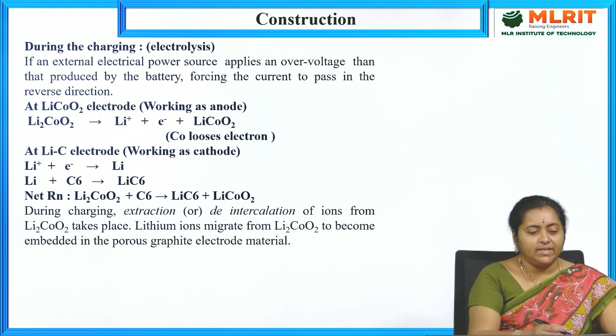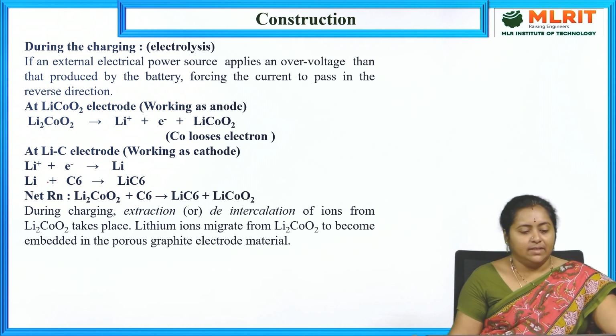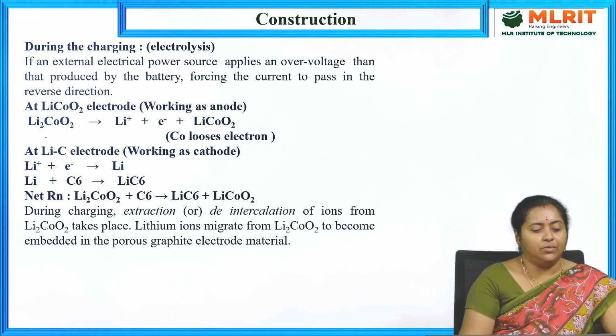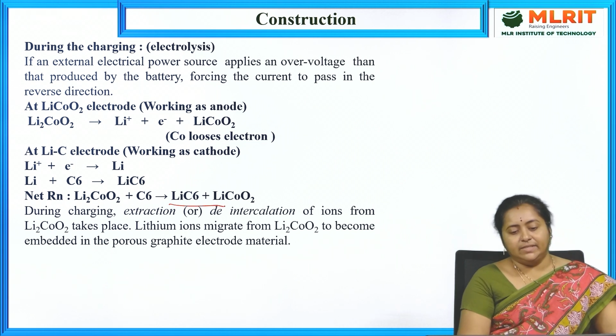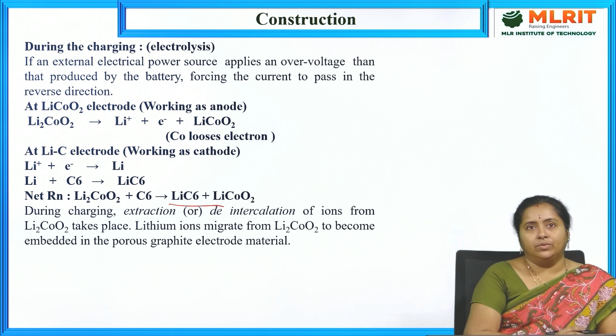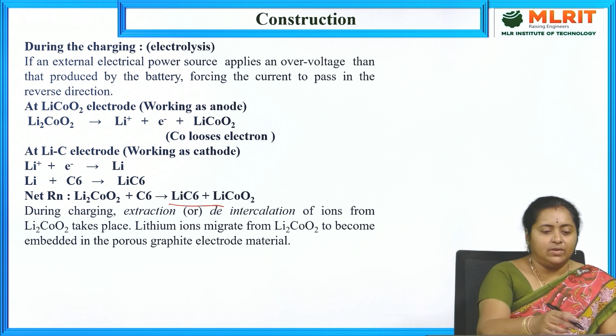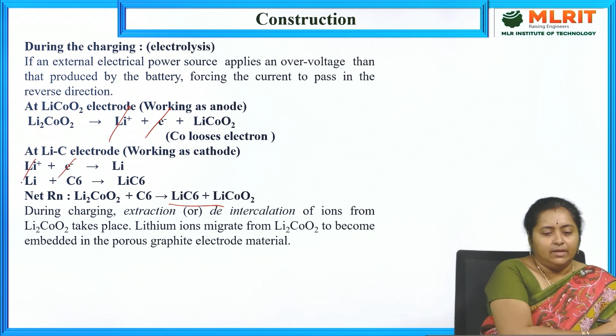If you notice the net cell reaction, you have to add both the anode and cathode reactions. On the left hand side, Li2CoO2 plus C6 gives rise to LiC6 plus LiCoO2. That means whatever electrodes we had considered initially will be regenerated. Here also like terms will be cancelled on both sides, lithium and electron, and then anything else to cancel?